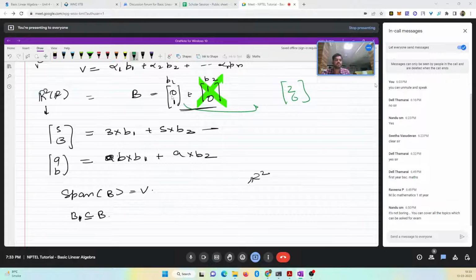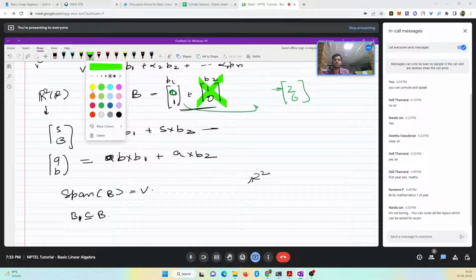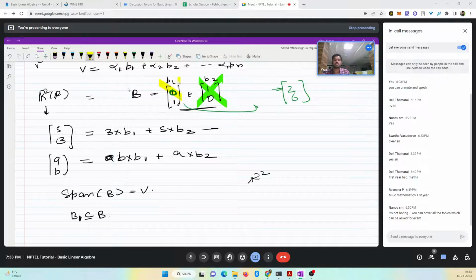Whatever scalar I multiply it with, I will never get 0 at the first position, right? So I can't write it. Similarly, if I had removed this other one, then I wouldn't be able to write something like (4, 0).